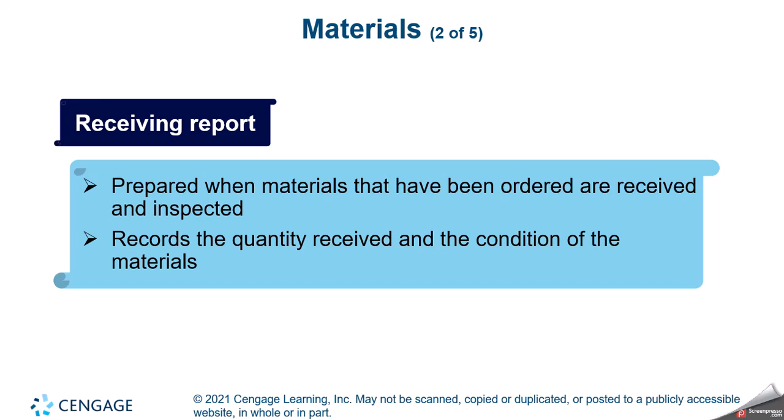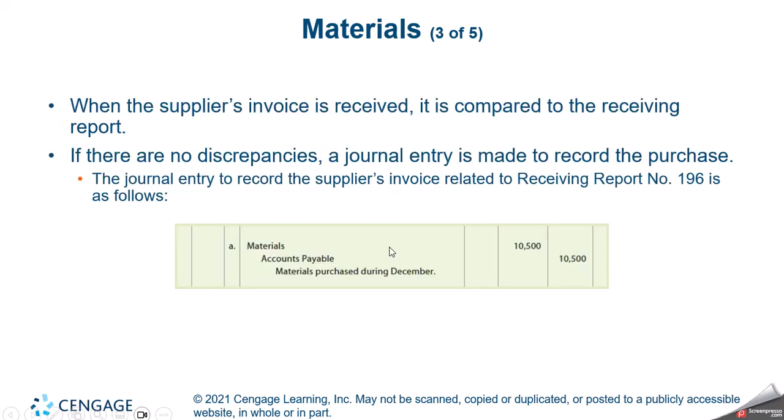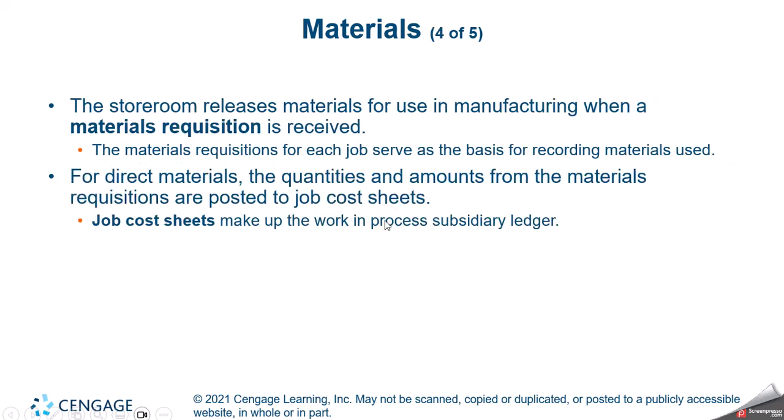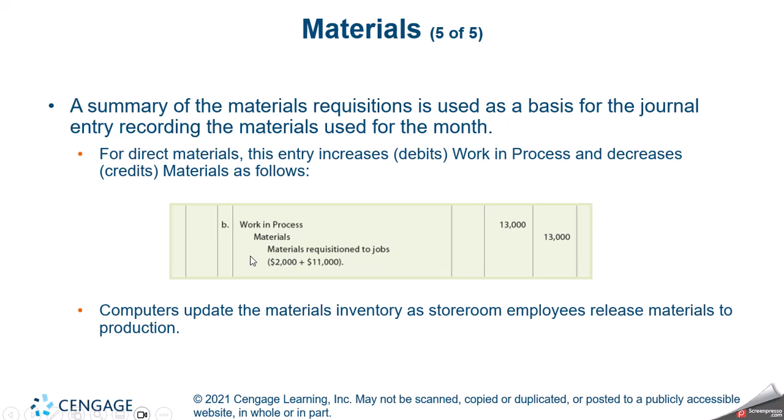So we'll have receiving reports when the raw materials come in. And then we will make an entry to debit materials and then credit accounts payable when we get that bill, because again, we'll owe the vendor. Then as the people out on the production floor utilize those materials, they'll prepare a material requisition that will then be charged to a specific job. And then we'll find the job cost sheets that will include all of those costs.